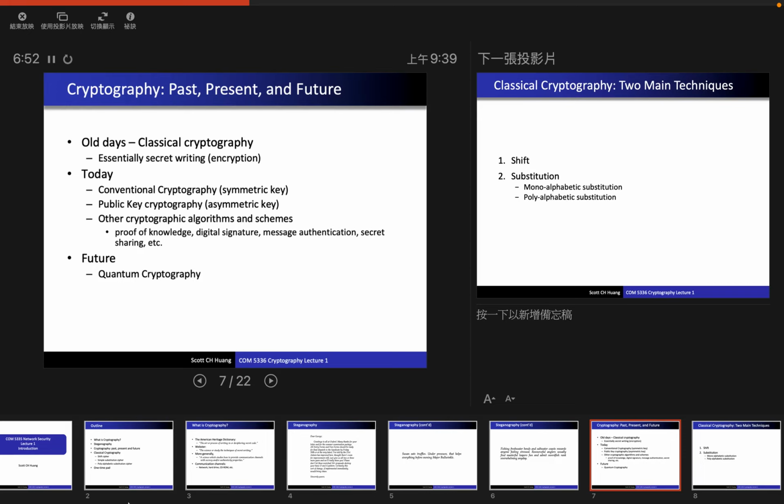The ciphertext is encrypted text. Okay. So this is encryption. This is decryption.